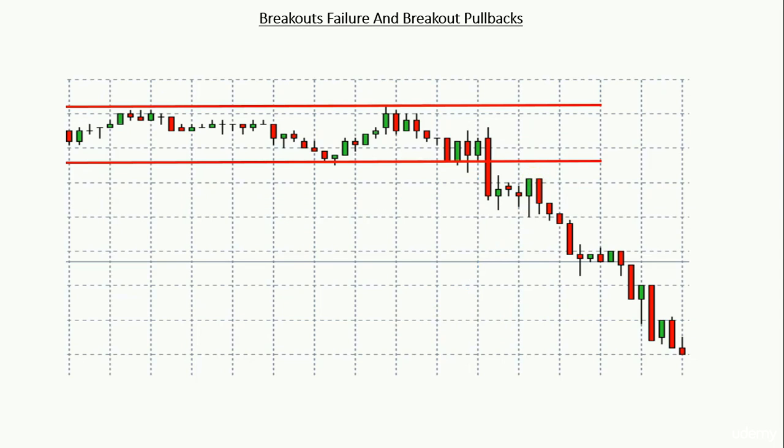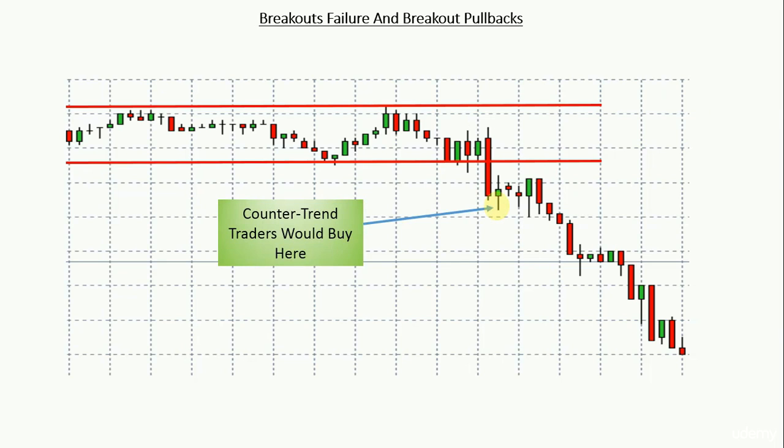What most retail traders do during a breakout is pretty different to what institutional traders do. Retail traders usually bet on a breakout failure from the very beginning, regardless of the strength signals that might be present. So, counter trend traders would buy just here, and when they see this pullback, they will be more confident to add to their counter trend long positions. They do not assess pullbacks, they treat all pullbacks as reversal points.